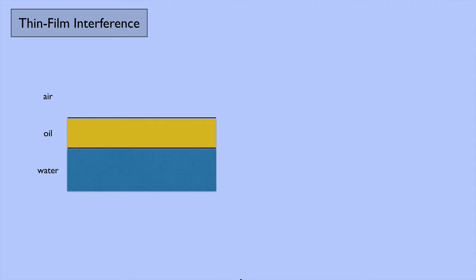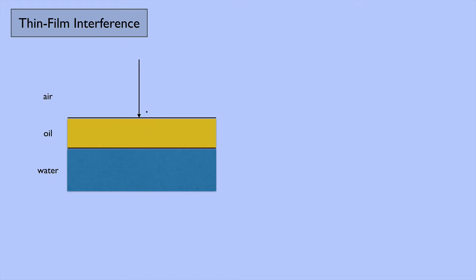Okay, so let's look again at air, oil, and water. And let's try and understand why we're getting the interference pattern. So I'm going to consider light rays that are perpendicular to the surface of the oil. But I want to actually see what's happening at each of these boundaries when it reaches the oil, and then when it reaches the oil-water boundary, and then when the reflection happens and we have the oil-air boundary.